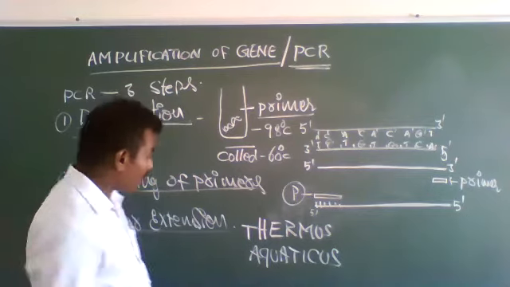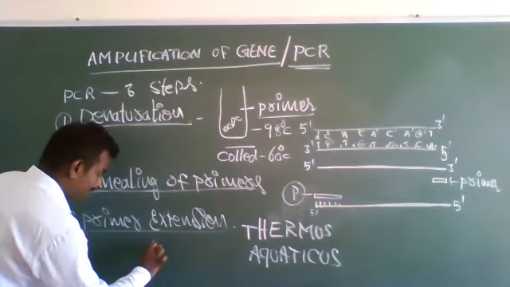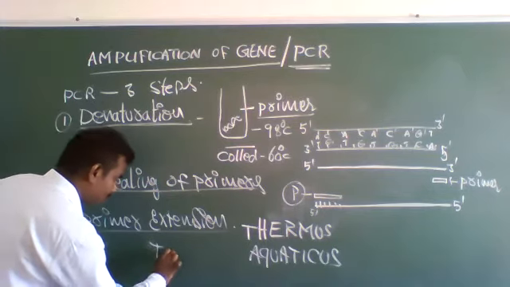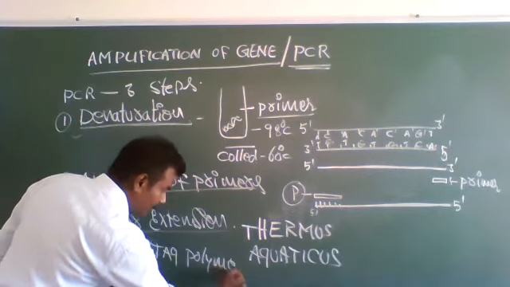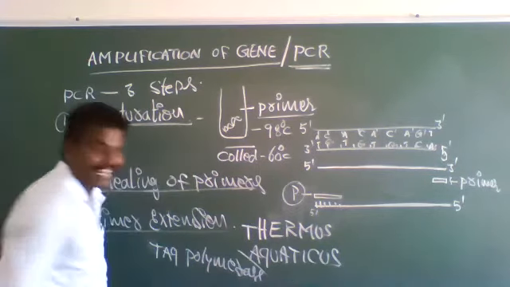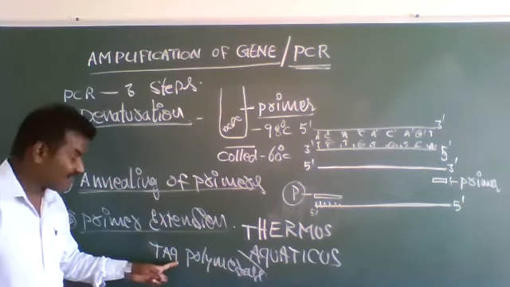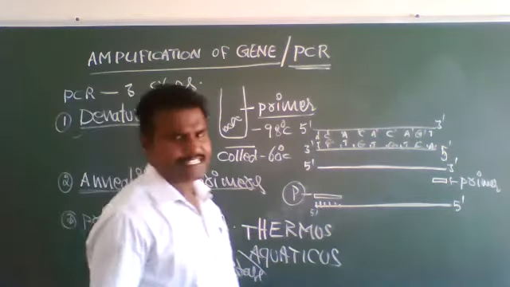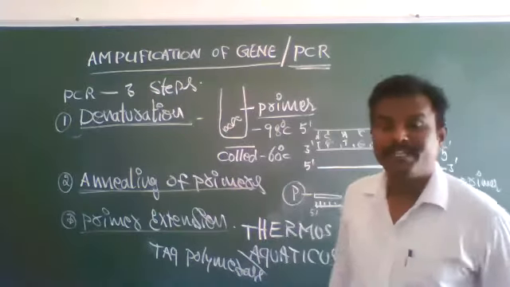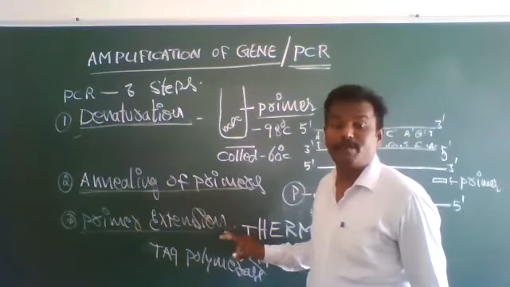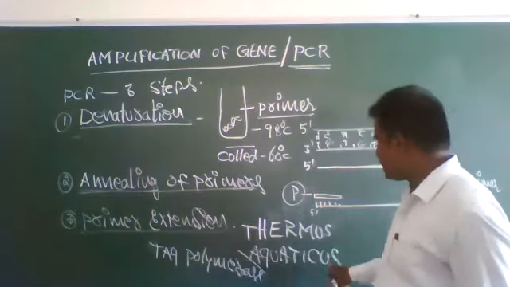This enzyme is called Thermus aquaticus polymerase. It is also called DNA polymerase. DNA polymerase enzyme is isolated from the thermostable, heat stable bacteria called Thermus aquaticus.